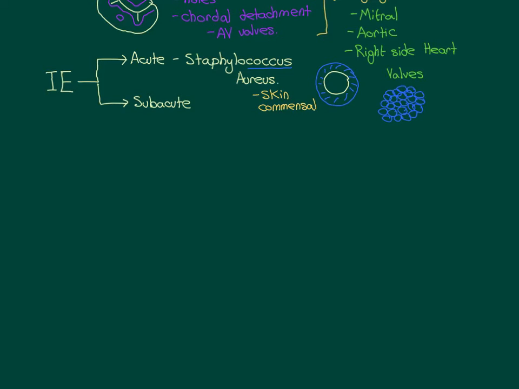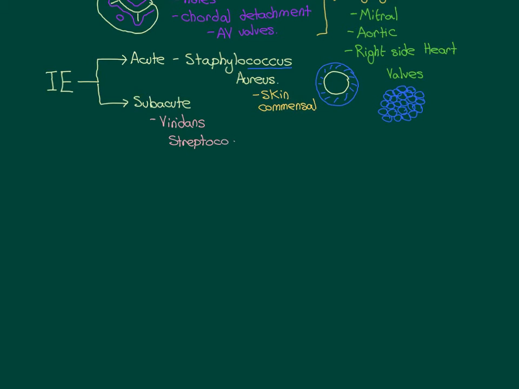So let me get another colour for subacute. In subacute infective endocarditis, the major cause of the illness is bacteria known as viridans streptococci. Now, viridans streptococci are not a single species of bacterium. Staphylococcus aureus and Streptococcus pyogenes are each a single species of bacterium.